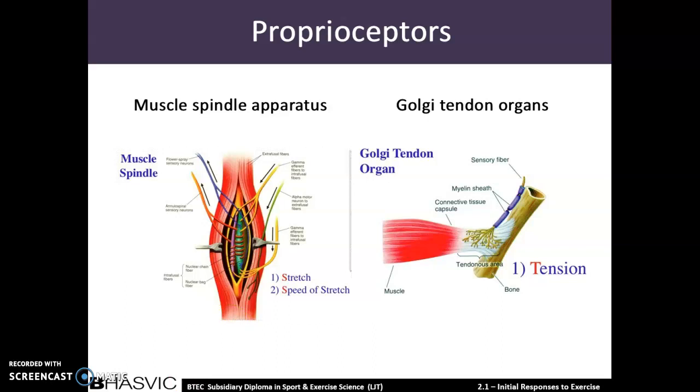However, if this is too heavy, your Golgi tendon organs are activated, and because it's too heavy, they instantly make the person drop the stimulus, aka the ball.